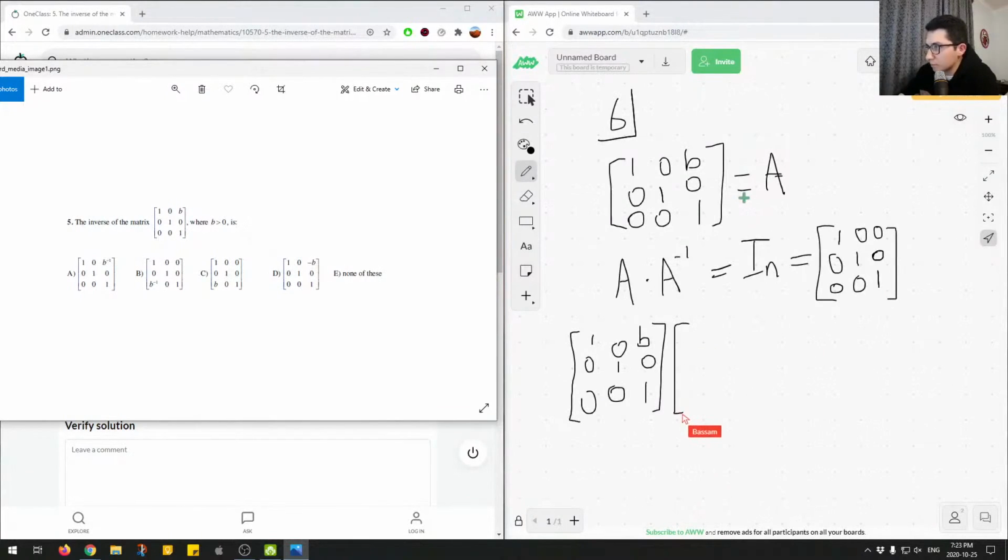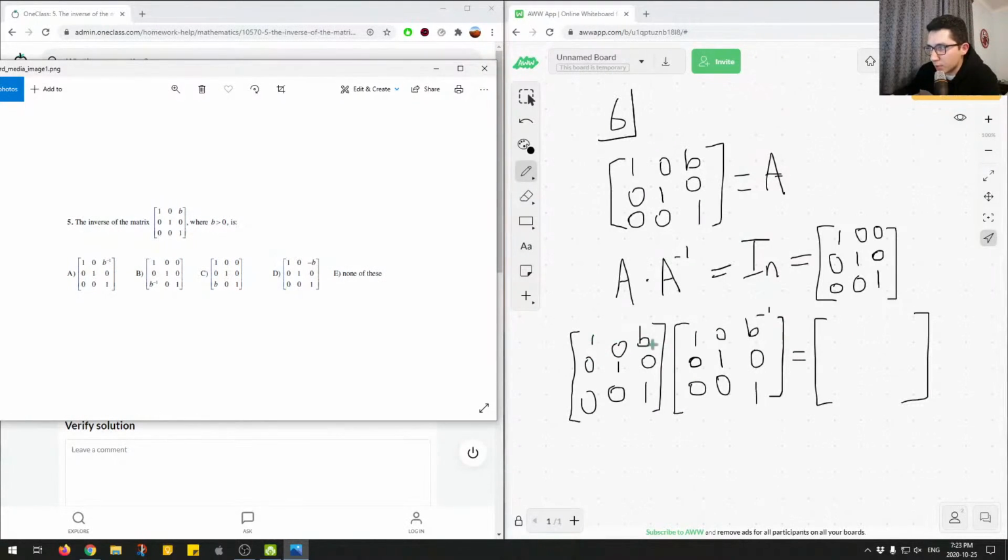So here, if we plugged in this one, let's say 1 0 0 0 1 0 b inverse 0 1, and then we want to solve what we'd end up over here. So to find the first component, we'll always do the row times the column, and so on for each component.